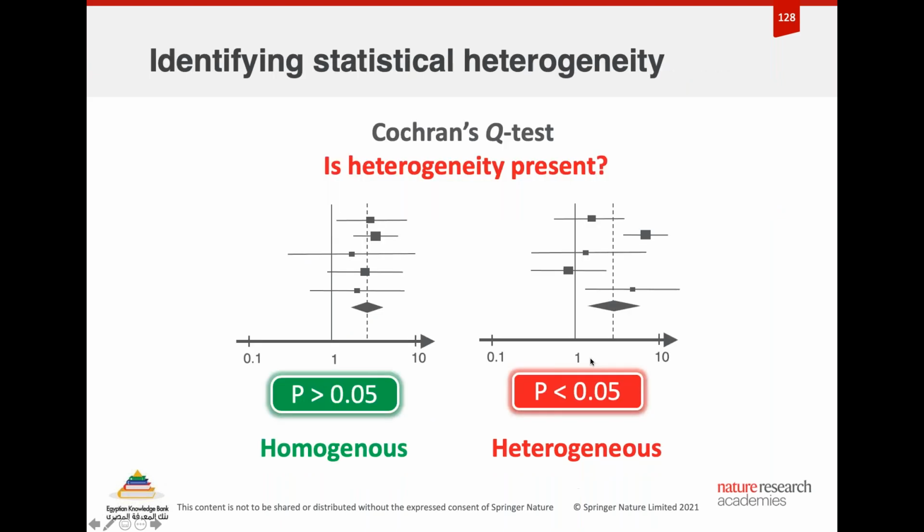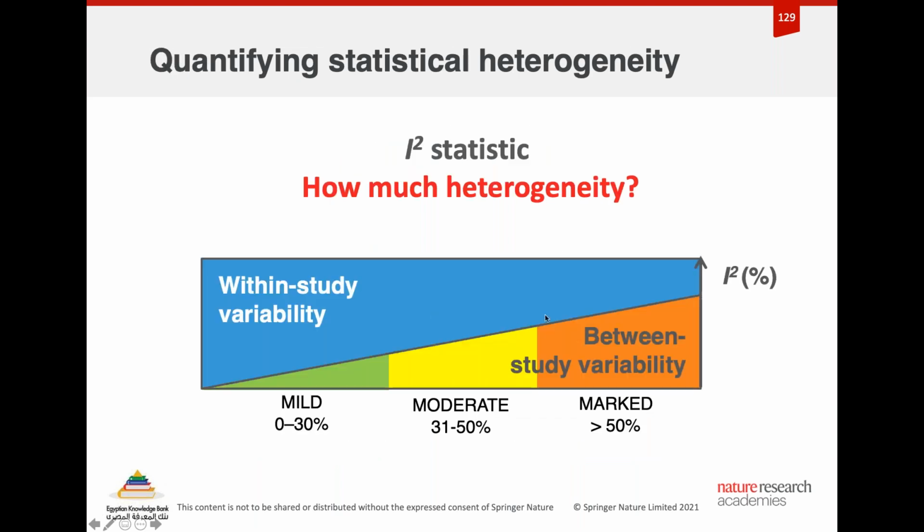You can also do the Cochrane's Q test, and if the p-value is greater than 0.05, it suggests that it may be homogeneous. If it's less than 0.05, it suggests it is heterogeneous. And then the last one you often see is the I-squared statistic. What's nice is that it gives you an idea of how much heterogeneity you have. These are really rough guidelines. I've seen different recommendations of what the percentage should be before you say it's moderate or high.